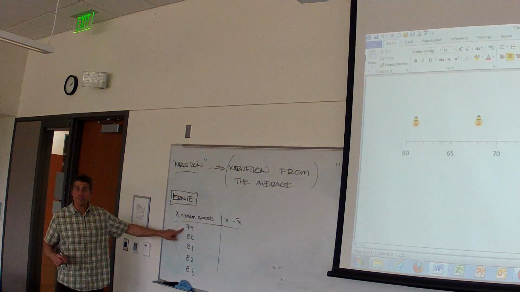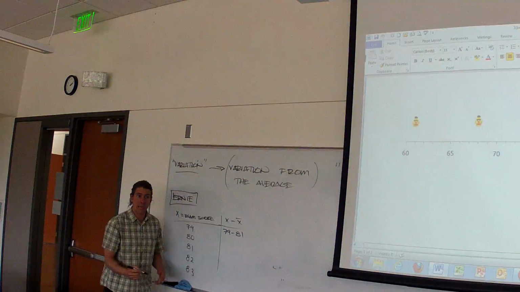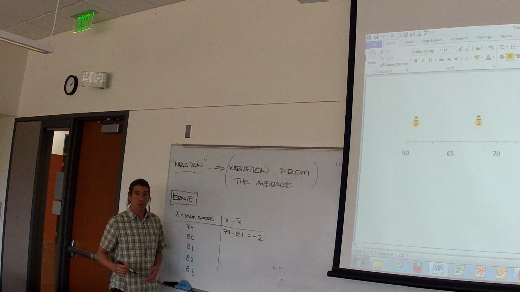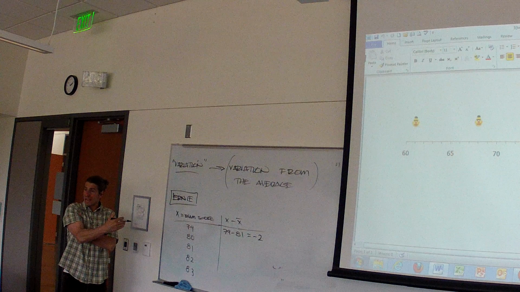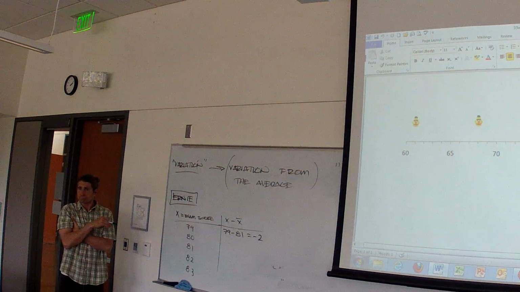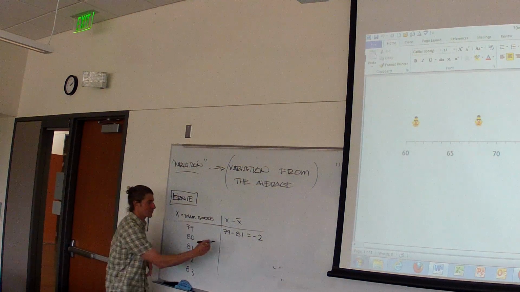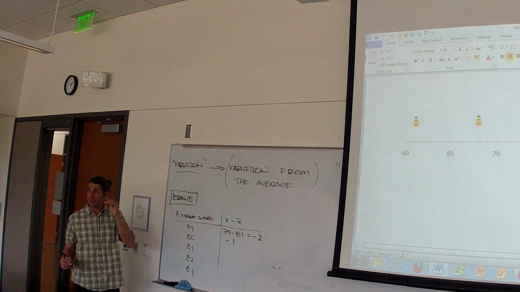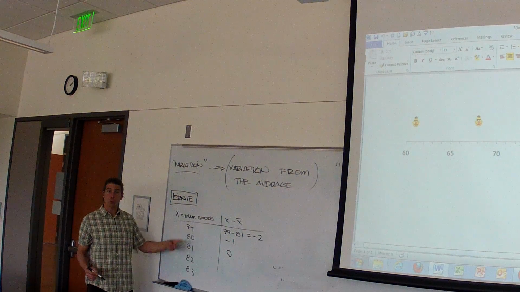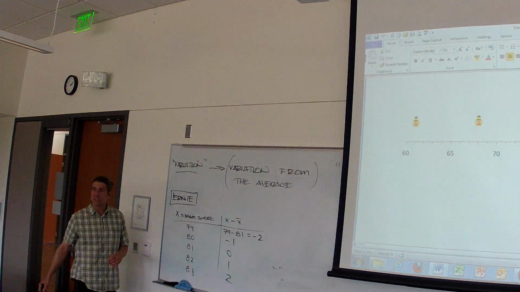So 79 was his exam score, less the 81, which is the average, and that ended up being negative 2. That exam was 2 points below the average. Then we did that for all of them. 80 is negative 1 from average. 81's right there, so it's 0. 82's 1 up, so it's plus 1. 83's up 2, so it's plus 2.